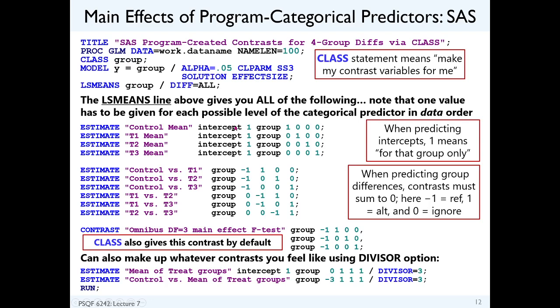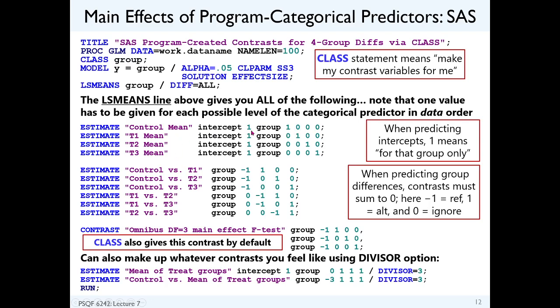I have written out how you would ask for that information in this new way of designating the group variable. You'll note that in these statements below, everywhere that you see the word group, you have to fill in the patterns of zeros and ones that denote for which group you're either asking for the mean or the mean difference.